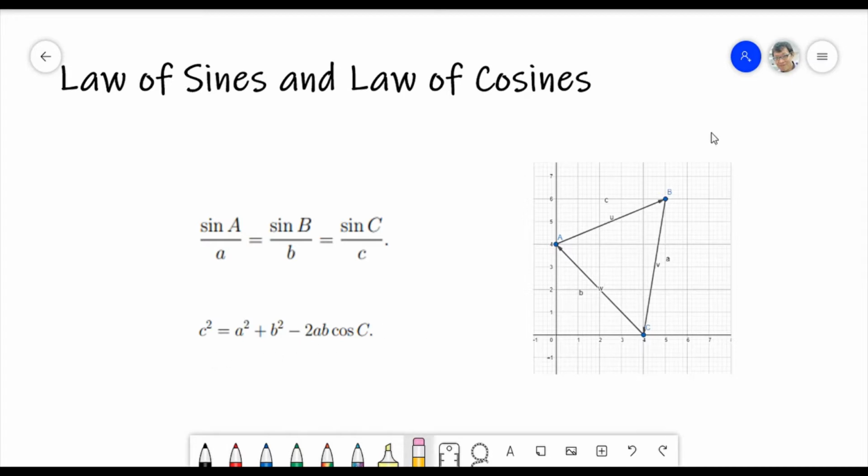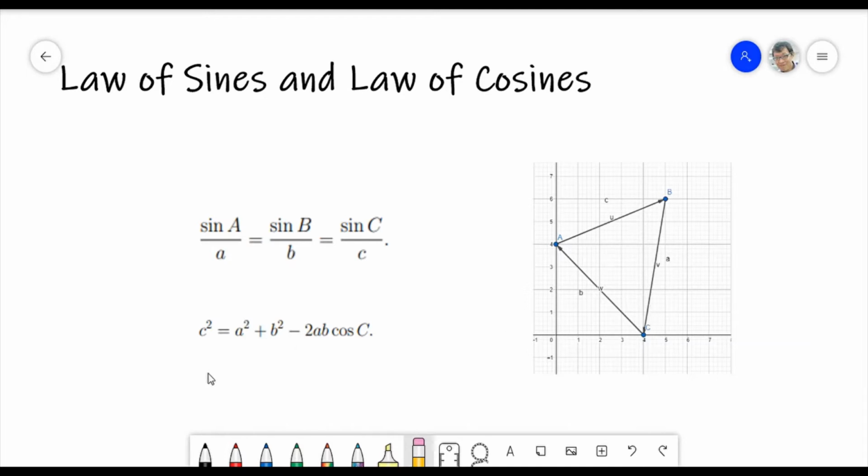It's still based on this triangle. So c squared equals the sum of the squares of the other two sides, a squared plus b squared, minus 2ab cosine C, where C is the angle opposite side c.